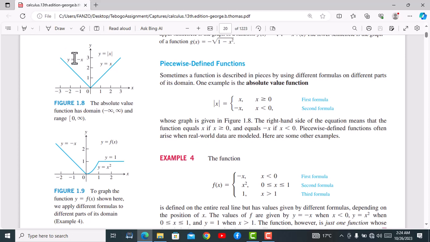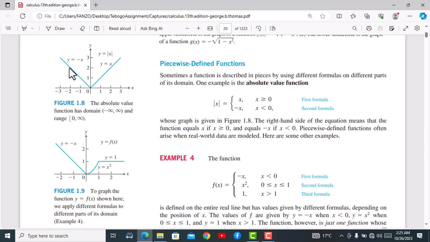The graph of y equals -x. What is this? This is a straight line. You can see that we have two straight lines, but on this side the gradient is negative and the value of c is 0. We don't have any y-intercept there. So it intercepts at (0, 0).